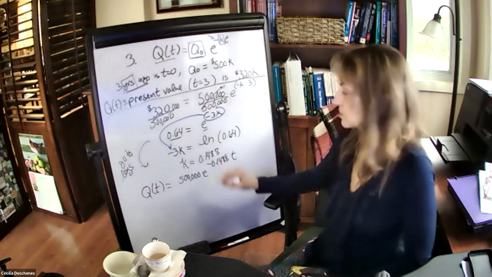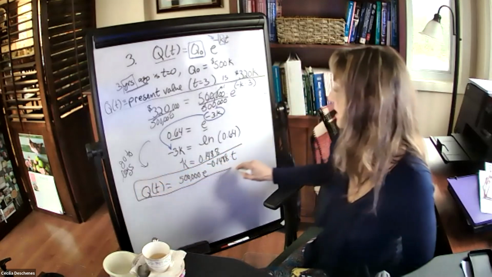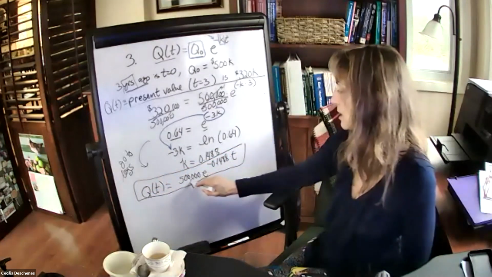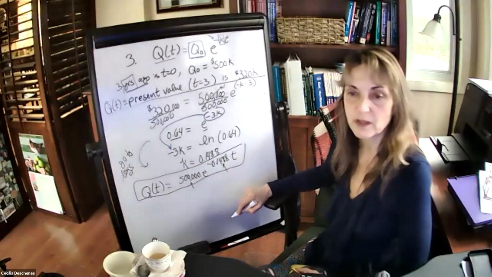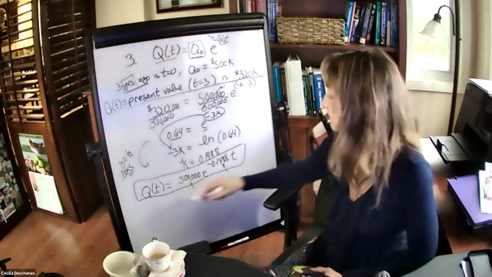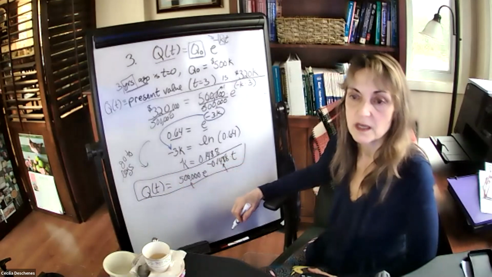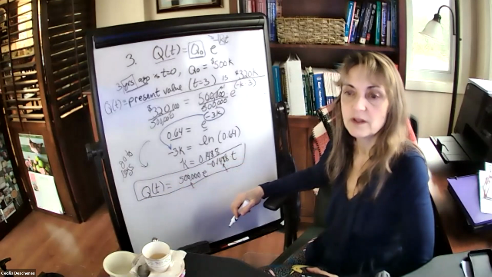Now, this was the key step. We have to get this mathematical model that has both the Q naught and the k I solved for. Once we have that, now we can go on and ask any question about the quantity or the time.